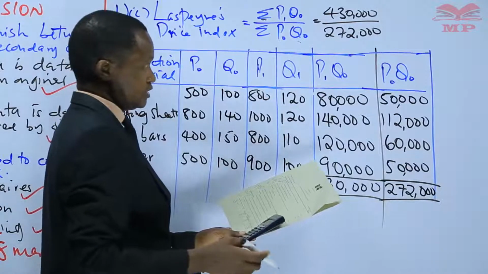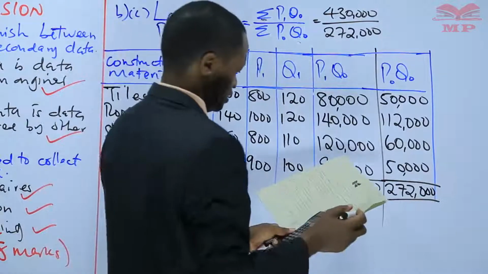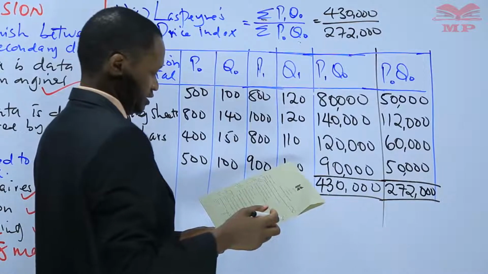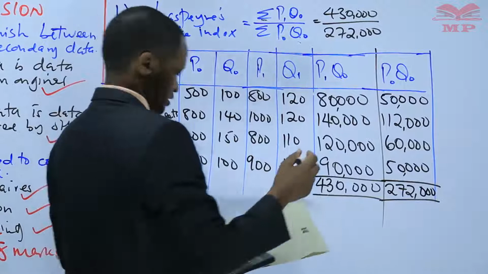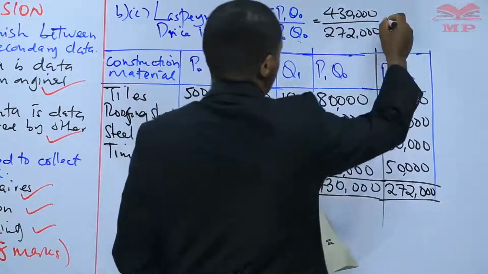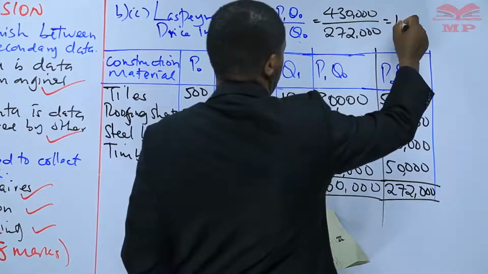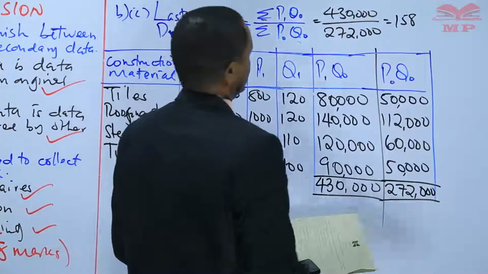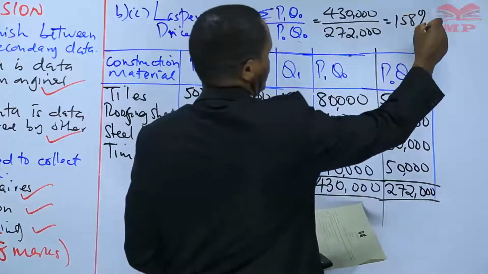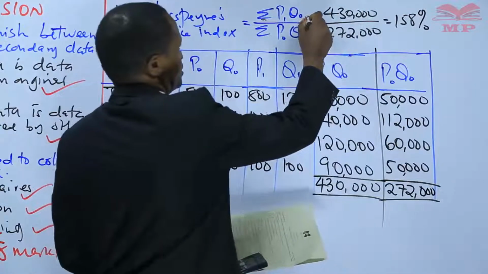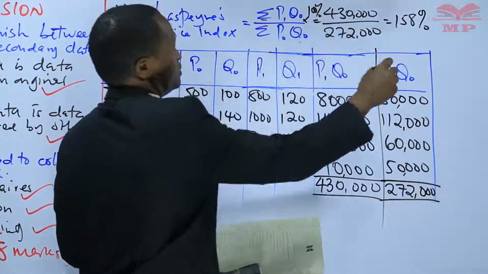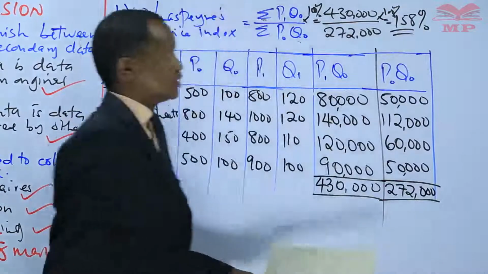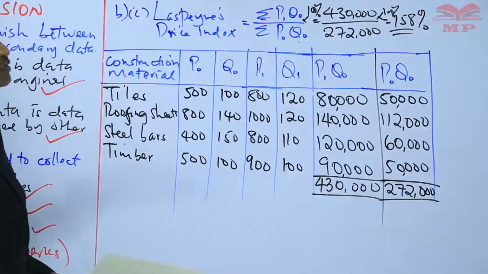So the Laspeyres price index is equal to 158. When converted into percent, candidates, this is times 100%. The answer is 158%.